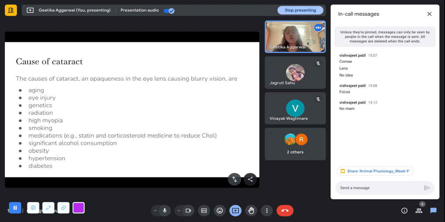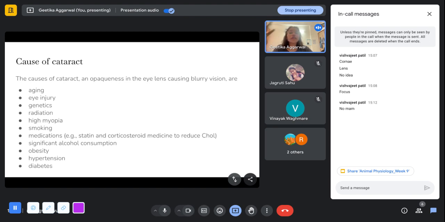So the different causes of cataract, there are many causes. Most commonly, it is aging. Other thing is you might have injured your eye. It could have been genetics. It could have been because of increased exposure to radiation. It could be because somebody has a very high myopia, which means a very high number, not like the normal 3, 4, very high number.